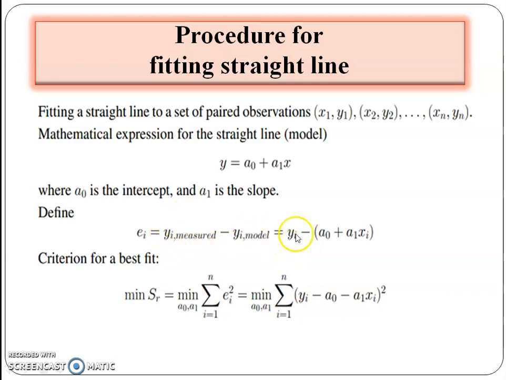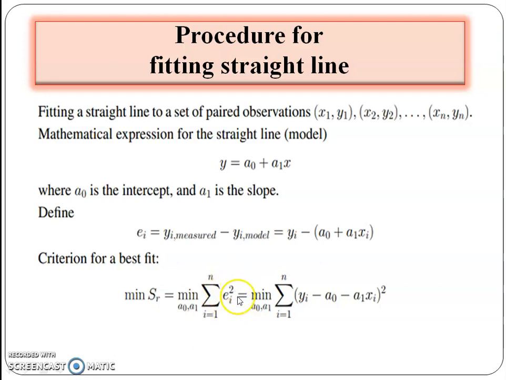The actual value is yi minus the model equation, replacing x by xi. The criterion for best fit is the minimum of Sr, which is the minimum over a0, a1 of the summation of ei squared. This is method of least squares.